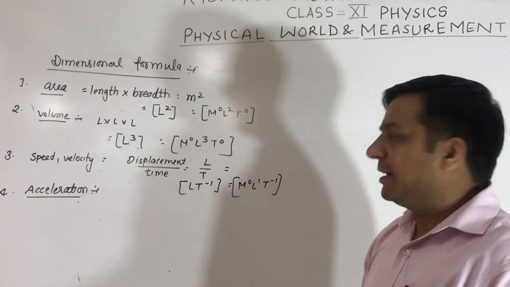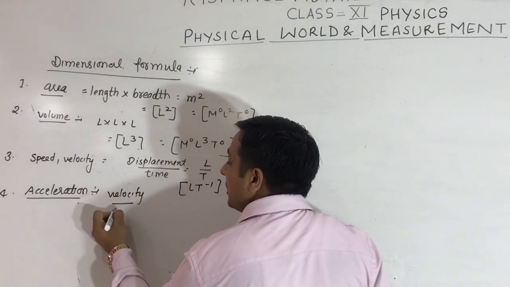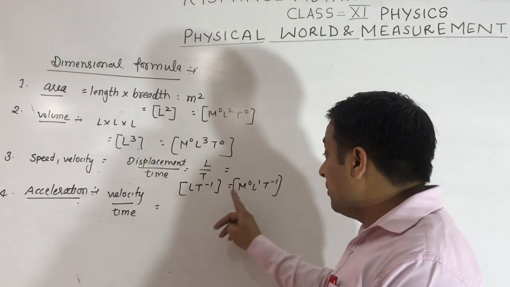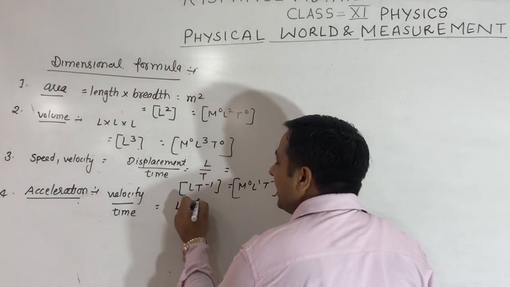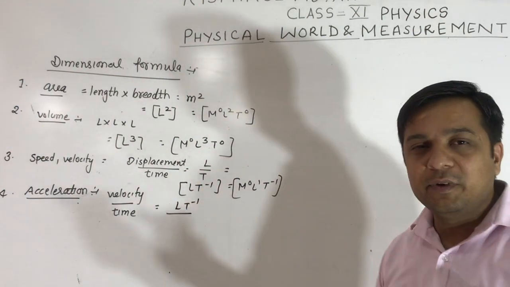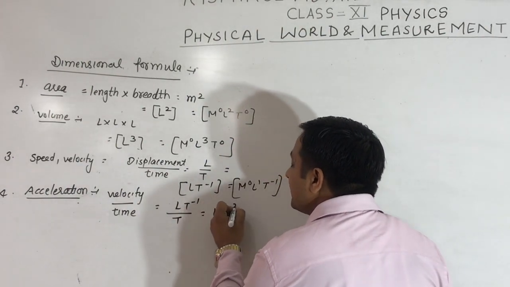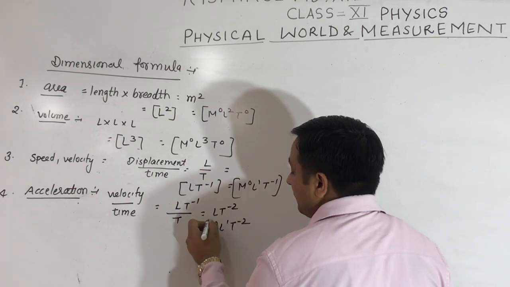That is acceleration. It means velocity change upon time. You know the formula of velocity is LT minus 1. Upon T, it becomes LT minus 2, full form M0 L1 T minus 2.